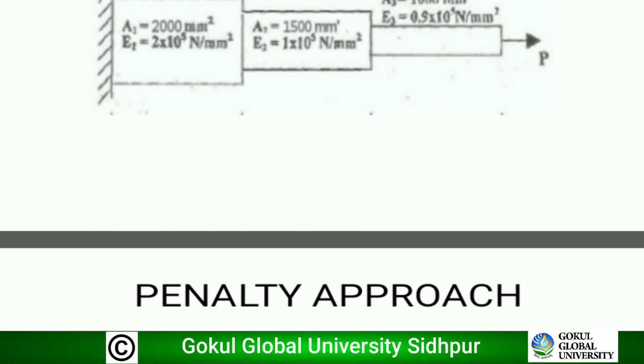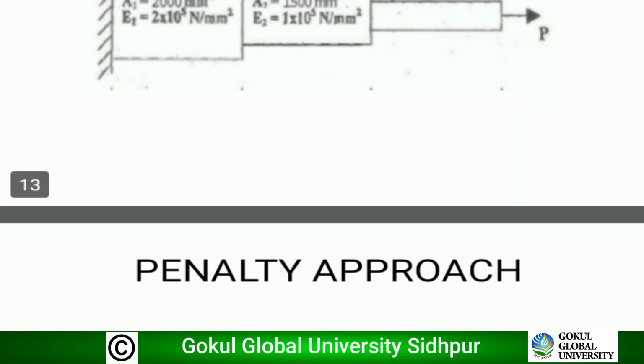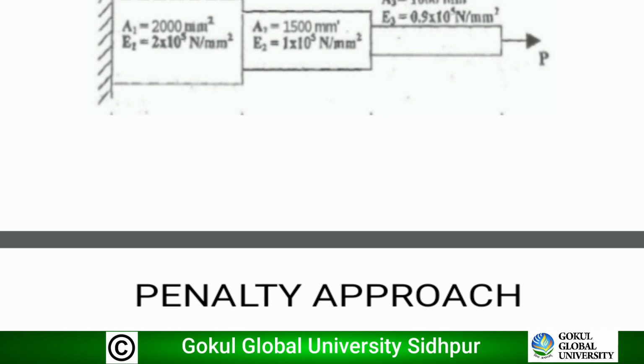Here you can take one more step, that is the measurement of C, which comes into the picture, right? So C is nothing but one constant. In simple words, if your ends are fixed, here node number 1 and node number 3 are fixed, right?